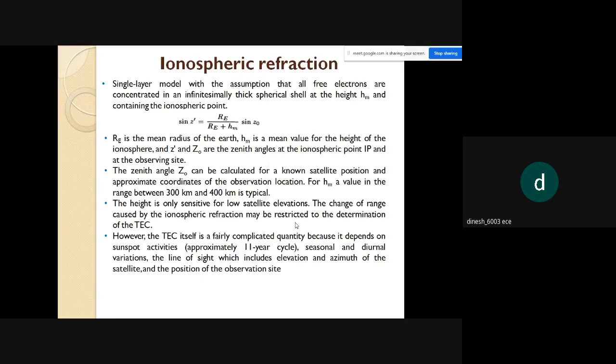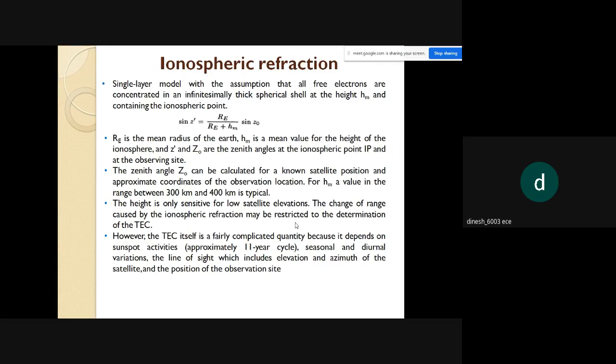Now let us see the consideration of the satellite. The height is only a sensitive issue for low satellite elevations. The change of range caused by the ionospheric refraction is restricted due to the determination of the total electron content.